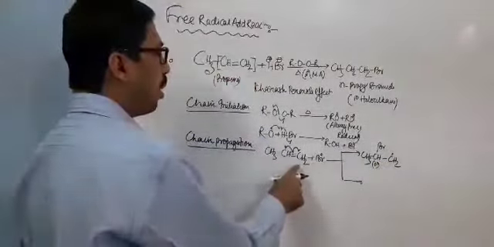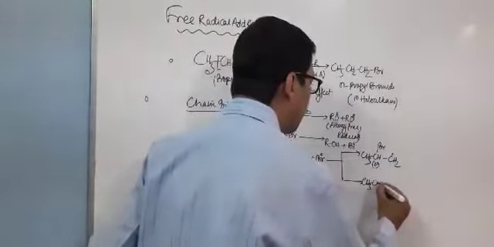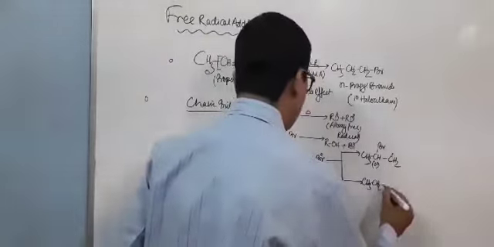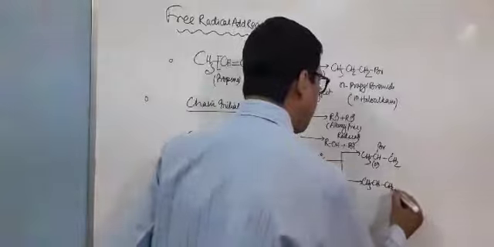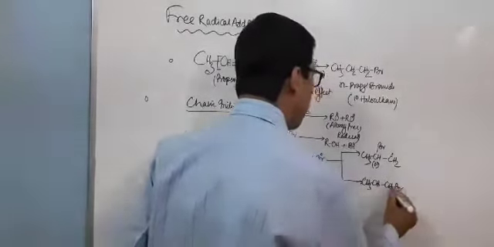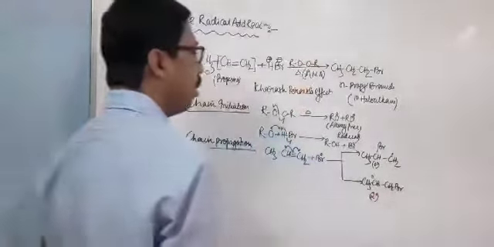And now if we attach on the right hand side, then it becomes CH3 CH CH2Br, and we get a 2 degree free radical.